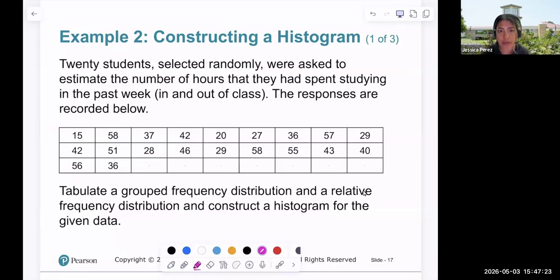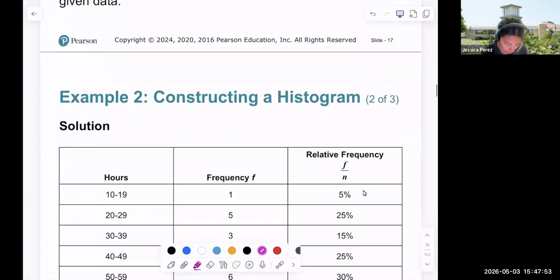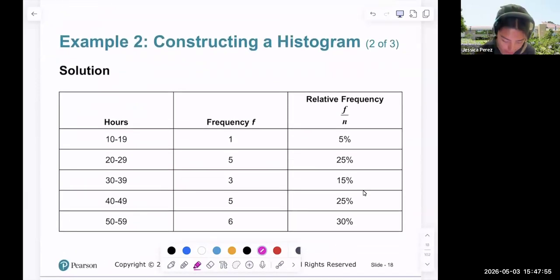We have 15, 58, 37. We can do it in 10, 20, 30, 40, and 50, which seems accurate. We want to split our data into different brackets, or different classes. So we have to look at the 20 values and at the repetition. Do we have anything that repeats? We're going to start by splitting this into a number of classes.